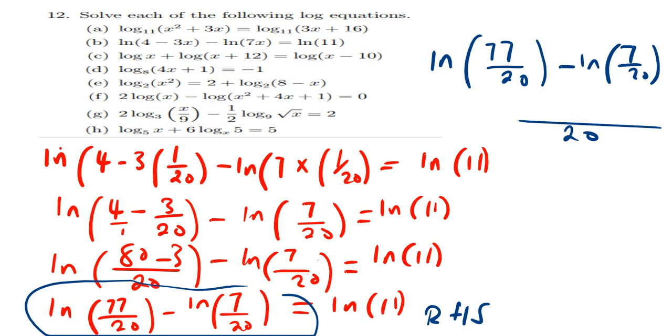Then what do we have? 77 minus 7, that is 70 over 20.